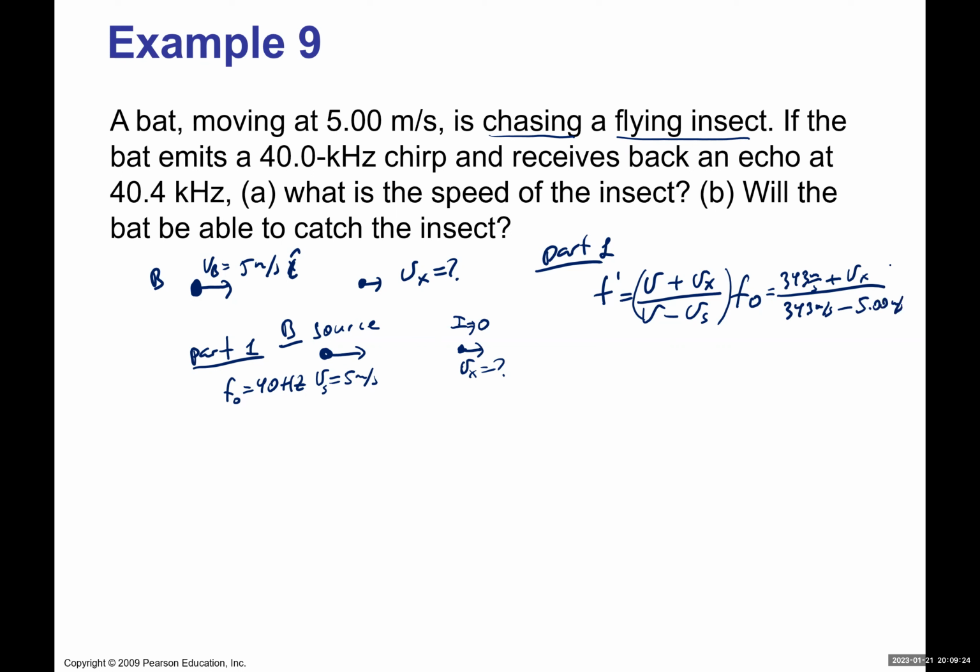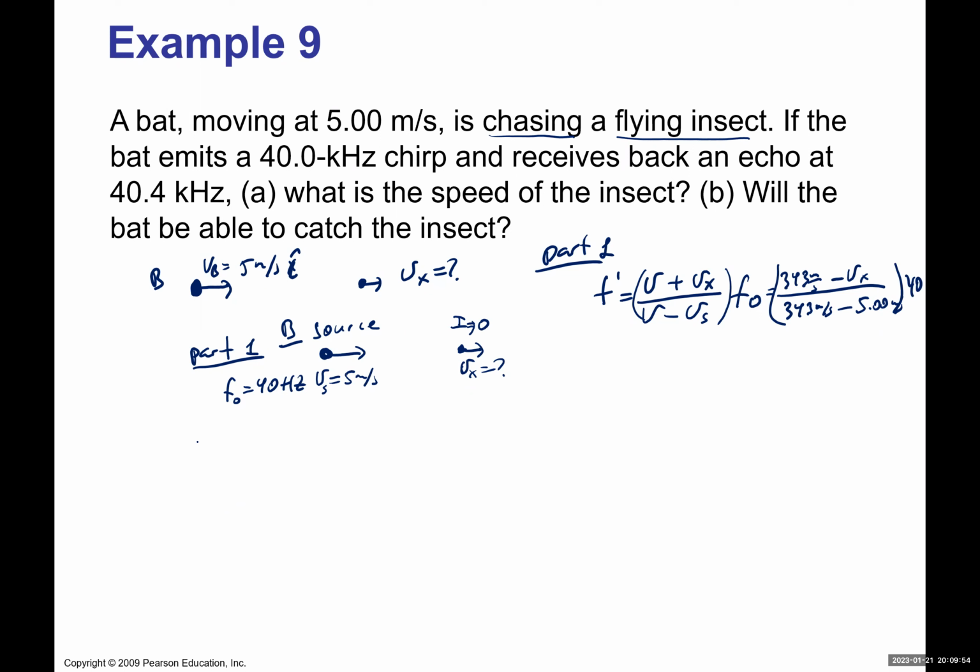Following the previous few examples, the insect is moving away from the bat, so I can come back here and put this as negative. I don't know the value, but I know it's some minus number. And this is all times 40 hertz.